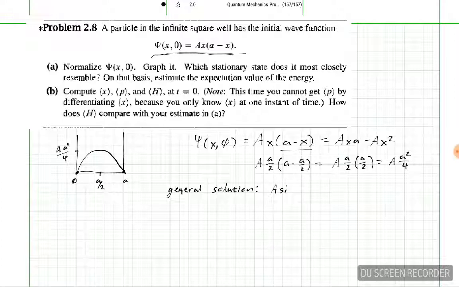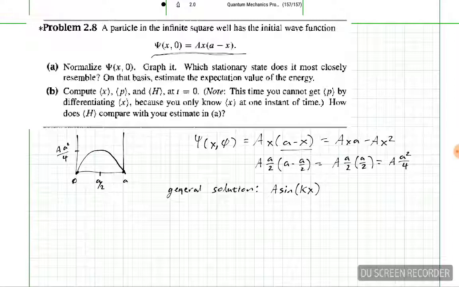So we still have this guy, and you can still use the same idea for k, that it has to be equal to 0 at 0 and equal to 0 at a.